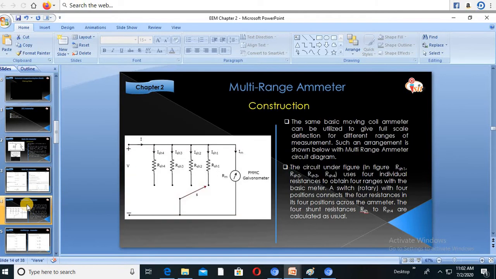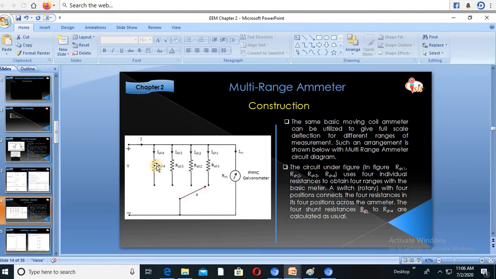Now I am going towards the next point, that is the multi-range ammeter. In the multi-range ammeter, the same PMMC galvanometer is used here. Then why is it called a multi-range ammeter?